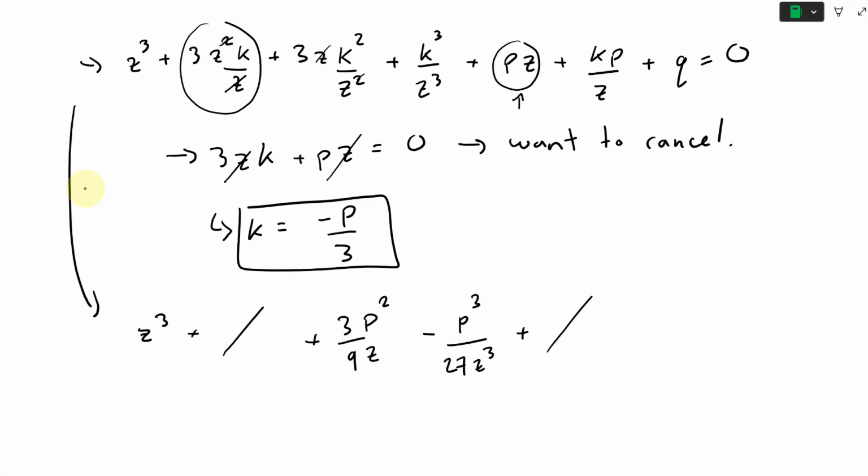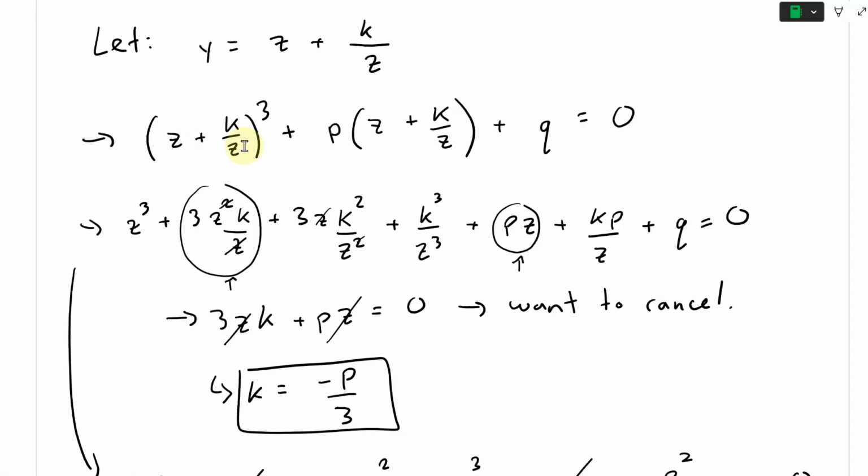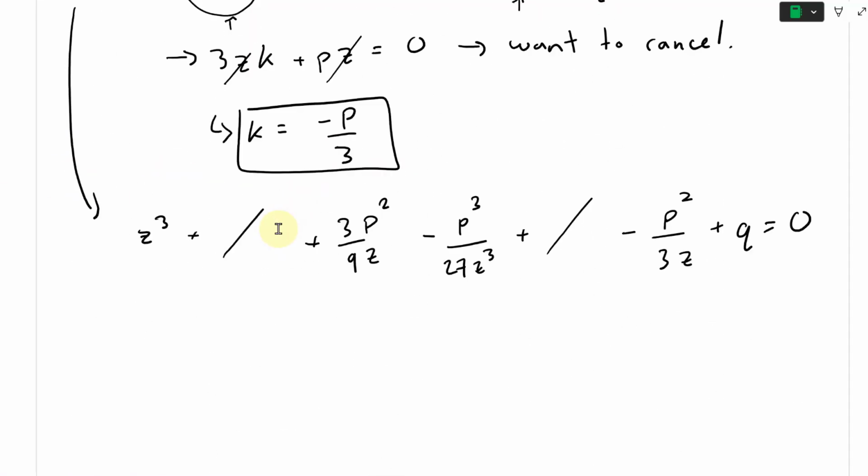So that's this one, and this one's canceled. I'll just remove those. And then plus, that's going to be kp, so it's going to be minus p squared, because it's p times p, and then divided by 3, and then z plus q equals to 0. So we did that instead of putting it in and expanding it out again. Let's do it like that.